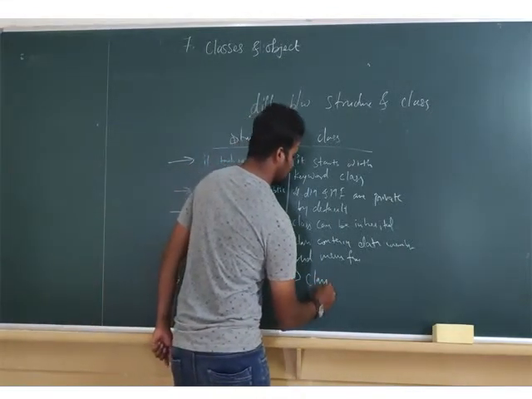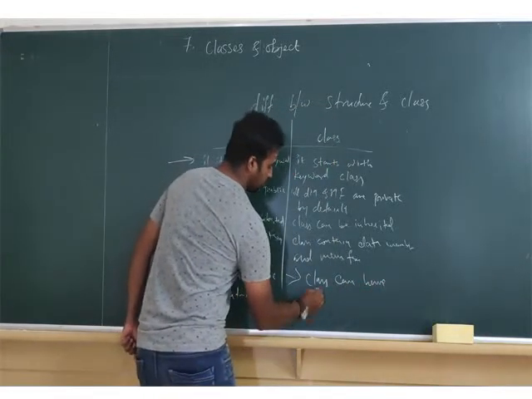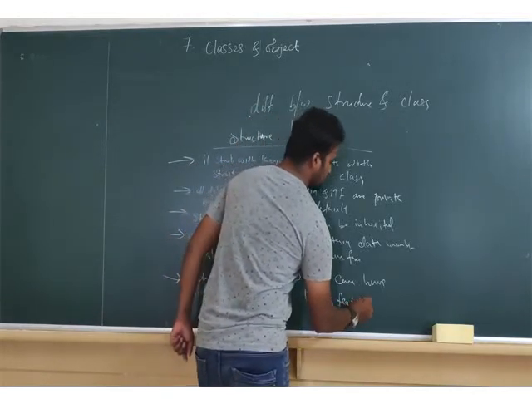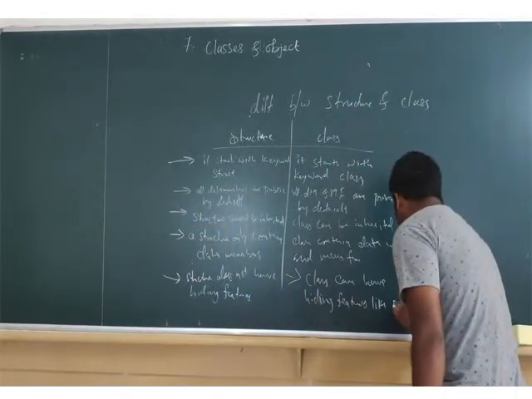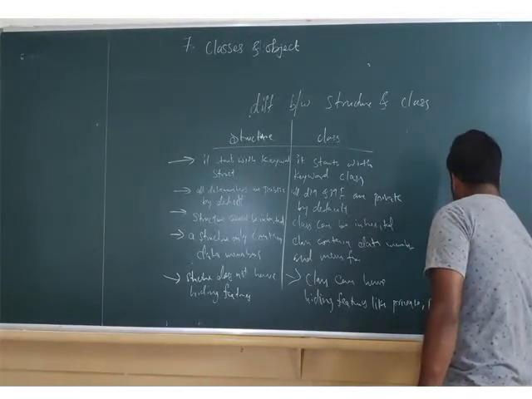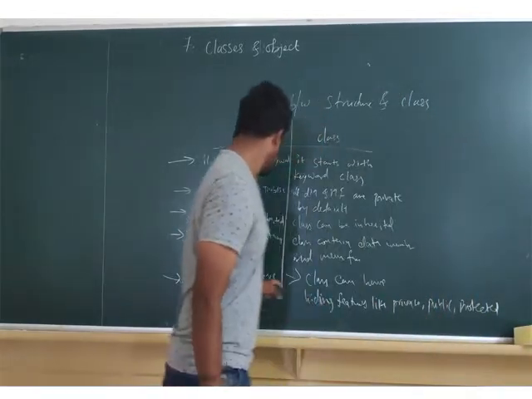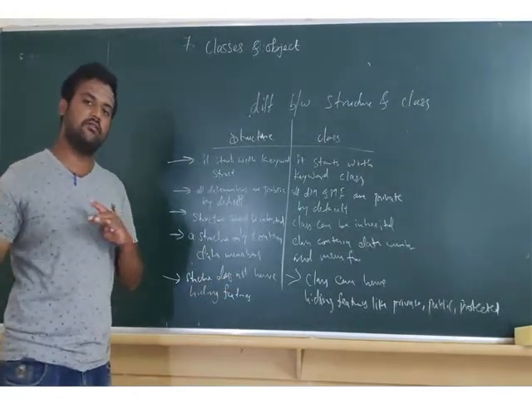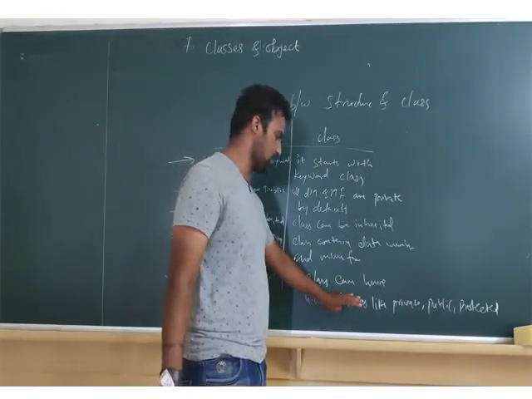Class can have hiding features like private, public, protected. See here, in this structure, there is no hiding feature called private, public, protected. All are here public only, means anyone can use your information.